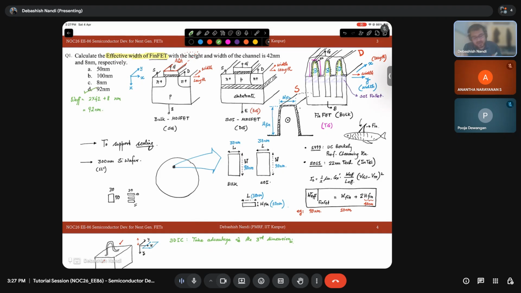So essentially what you are doing in FinFET, 92 nanometer by whatever length, I am converting it to a silicon footprint of 8 nanometer times whatever the L that you have considered. Fine? Yes, sir. In this case, width of fin, WFin, is equal to just 8 nanometers, right, sir? Yes, W fin is 8 nanometer. Okay.